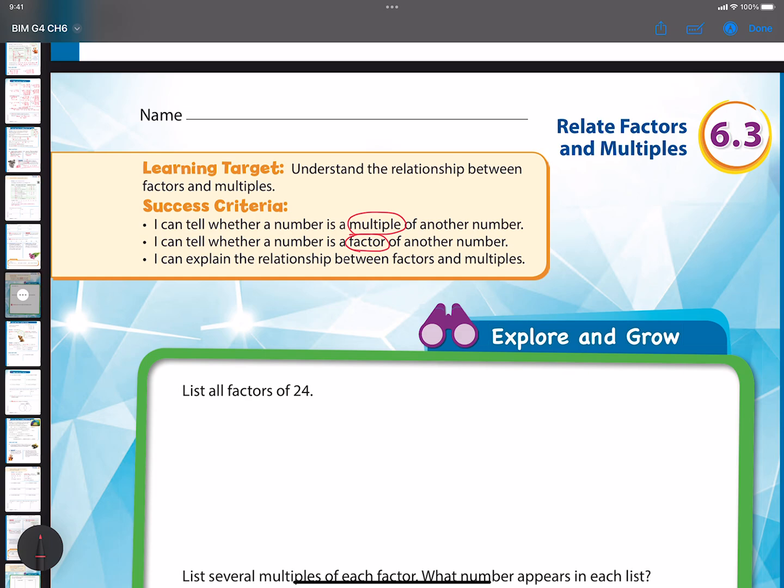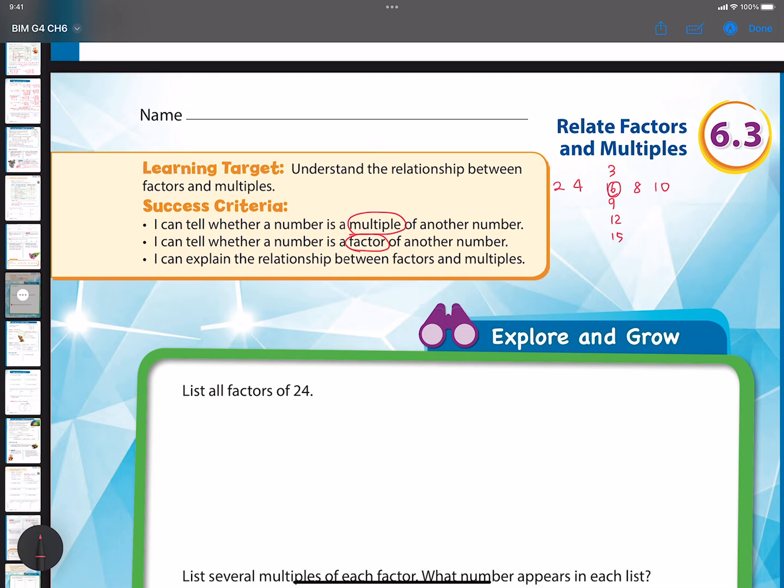Today's lesson, 6.3. Yesterday, I was talking about what? The relationship between multiples and factors. Do you remember? In the multiplication chart, for example, 3, 6, 9, 12, 15 are multiples of 3, right? And let's see here, 2, 4, 6, 8, 10.